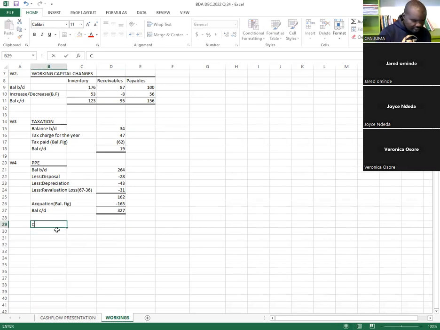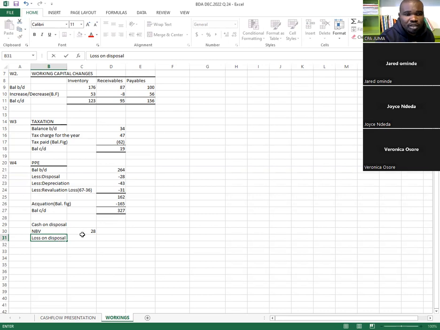So I can do a working for cash on disposal. Cash on disposal will be net book value, NBV. The net book value was 28. Then they made a loss on disposal.